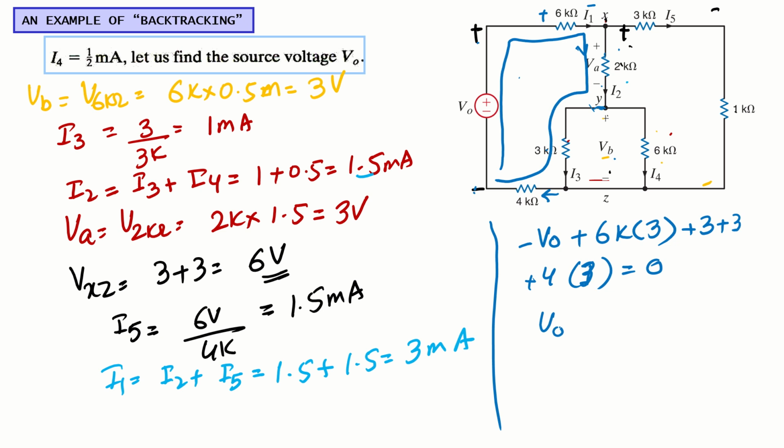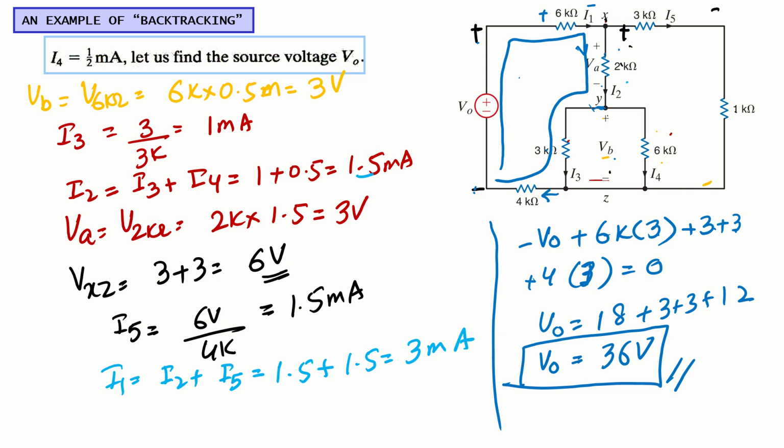Or we can say that V out is basically 6 times 3, 18, plus 3 plus 3 plus 12, right? So that comes out to be 18 plus 6, 24, 24 plus 12, which is 36. So V out comes out to be simply 36 volt.